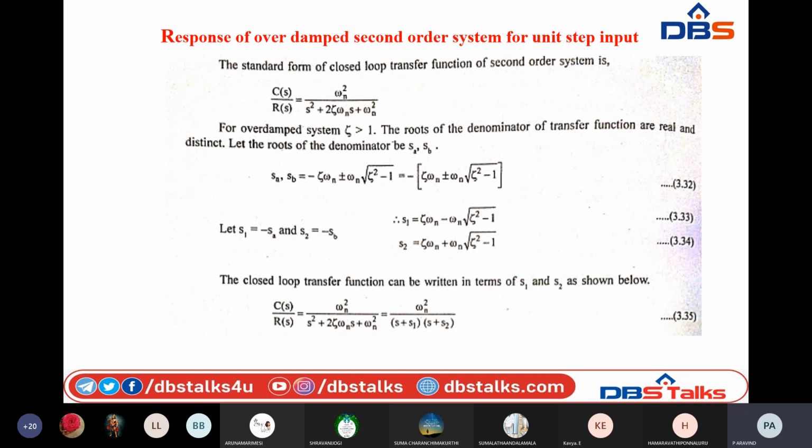So we know that the denominator of the transfer function is called the characteristic equation. Here for zeta greater than 1, the roots of the denominator of the transfer function are real and distinct. There are two roots because the highest power of s in the denominator of the transfer function is 2.